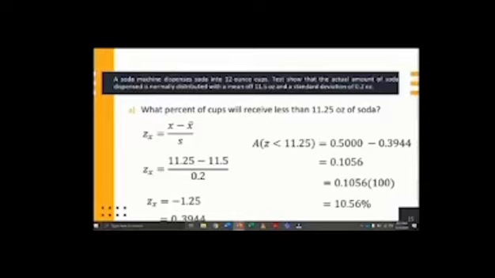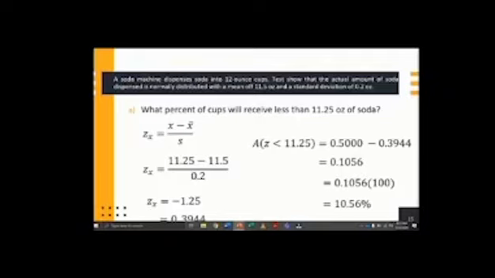Test to show that the actual amount of the soda dispensed is normally distributed with a mean of 11.5 ounces and a standard deviation of 0.2 ounces. What percent of the cups will receive less than 11.25 ounces of soda?